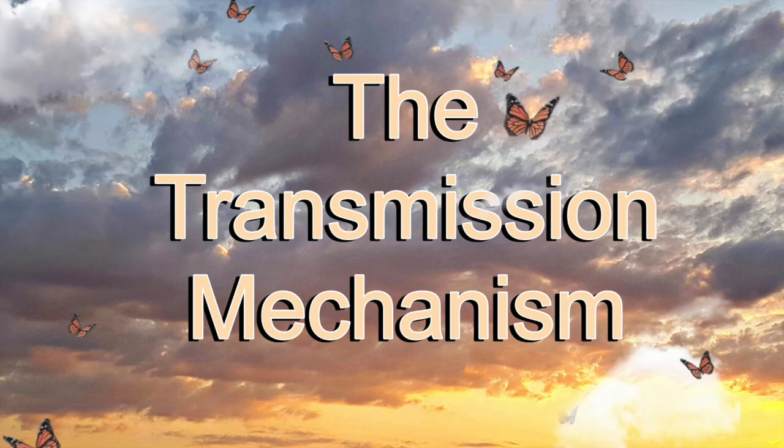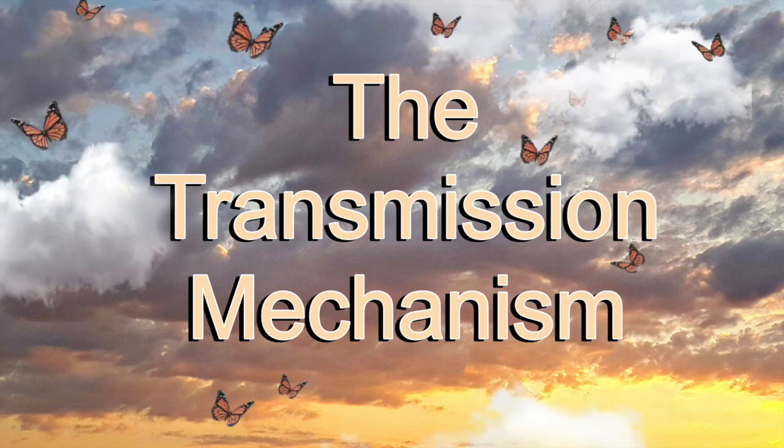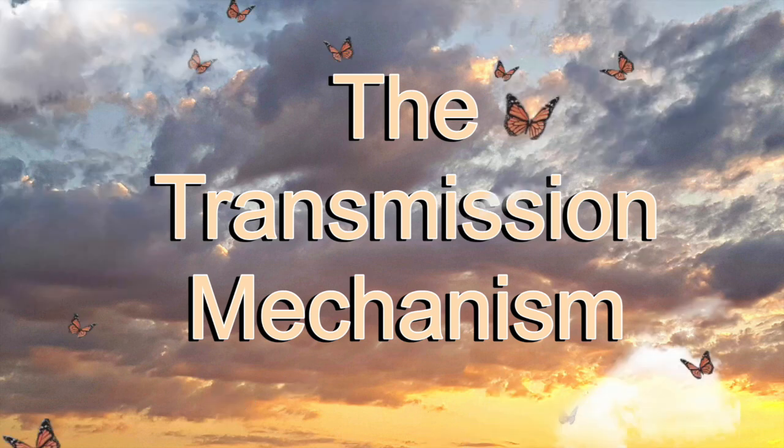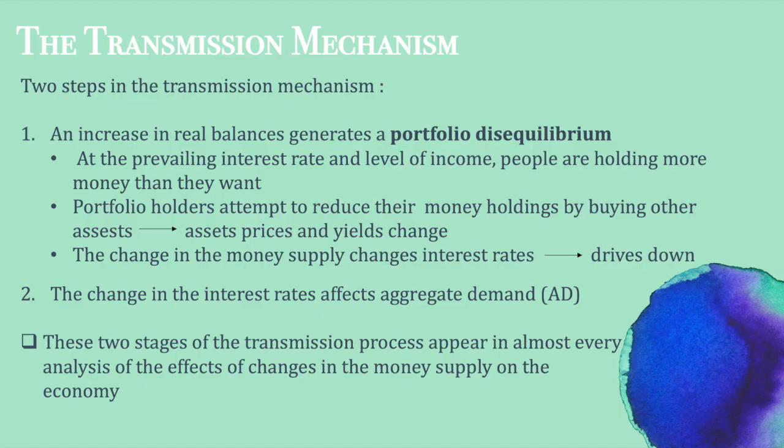The monetary transmission mechanism is the process by which asset prices and general economic conditions are affected as a result of monetary policy decisions. The first step in the transmission mechanism is that an increase in real balances generates a portfolio disequilibrium.